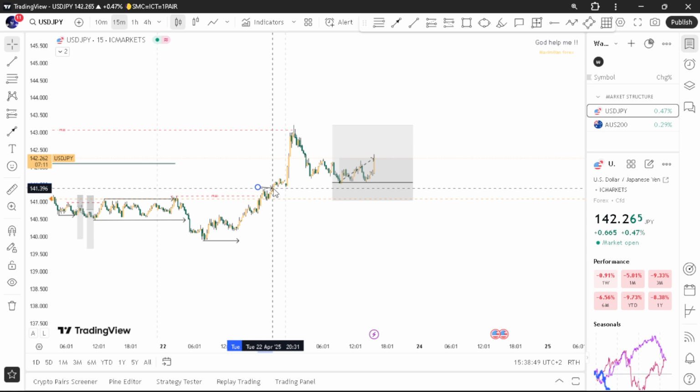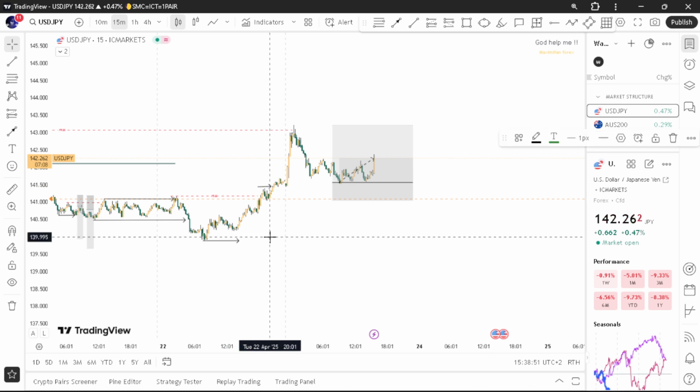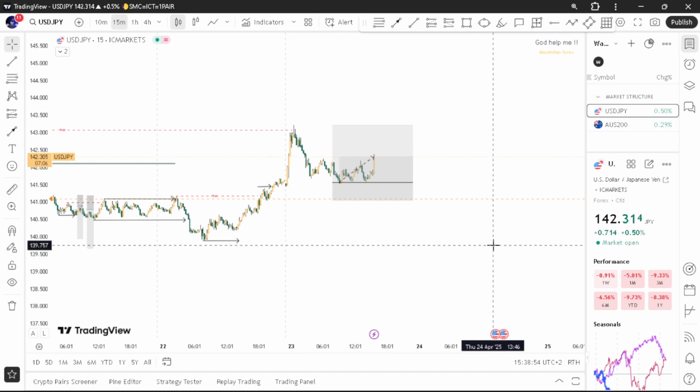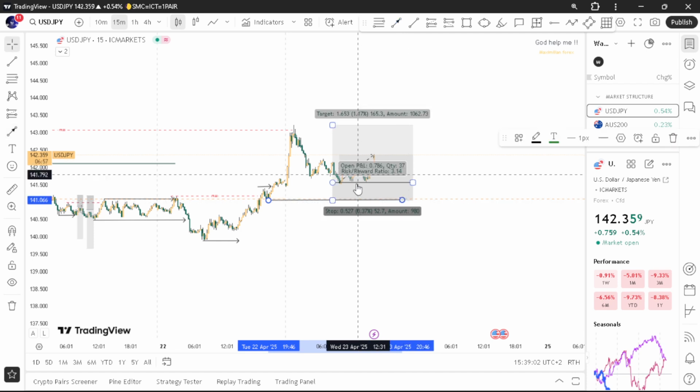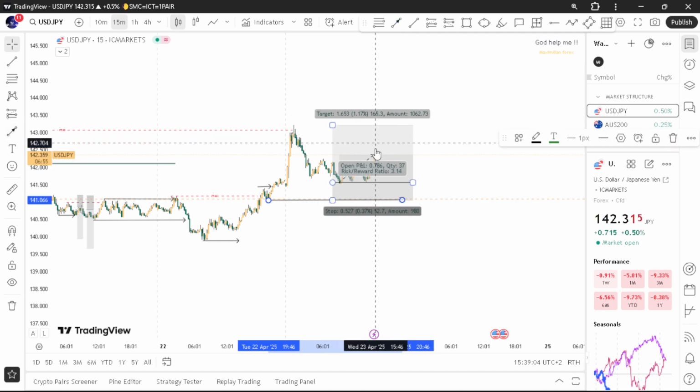This break of structure is a sign that the market is coming down to this range, this discount range. So here should be my point of target.